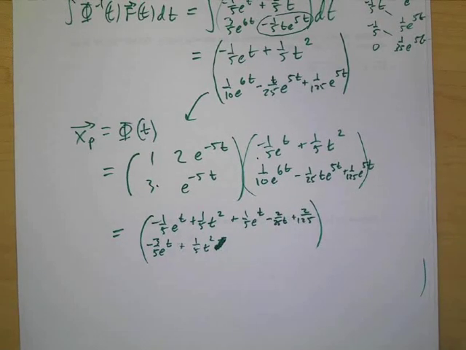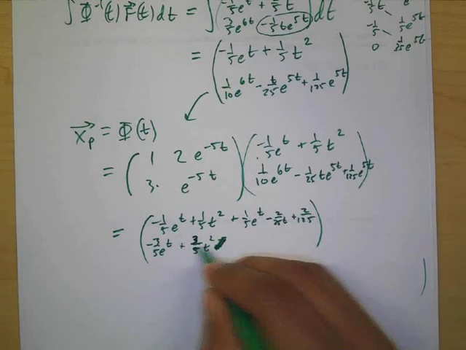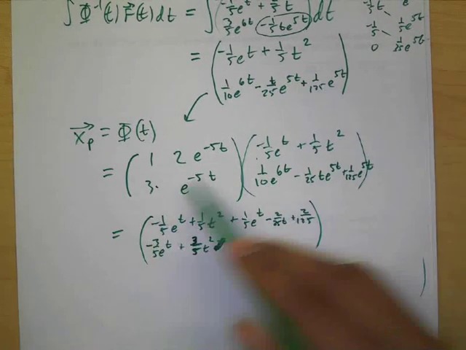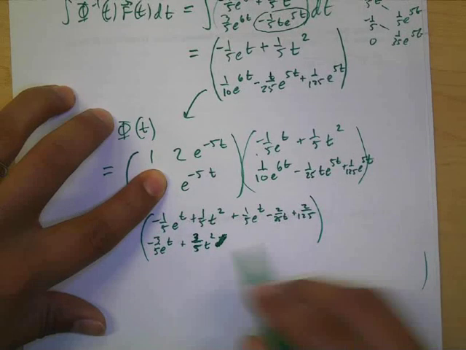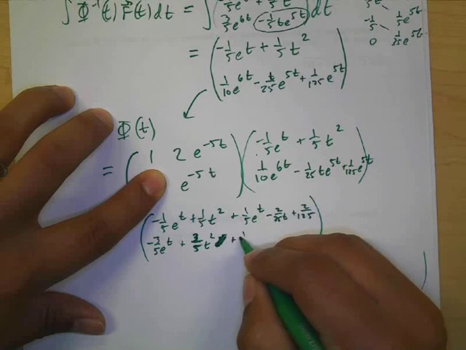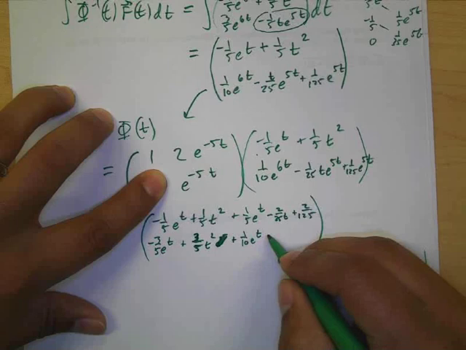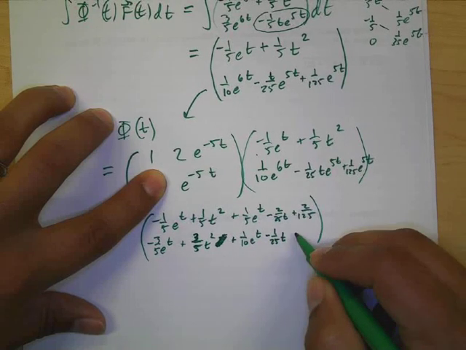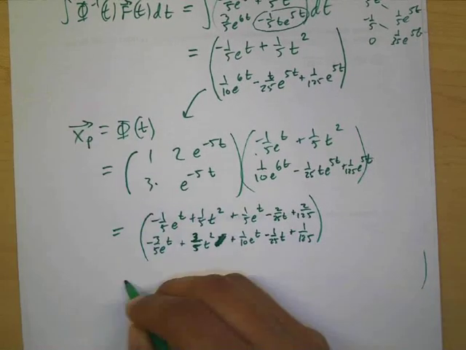Just 3/5, that's my bad. 3/5 t squared. And now we go to the last entry and distribute that to the bottom row. So that'll be plus 1/10 e to the t minus 1/25 t plus 1 over 125.